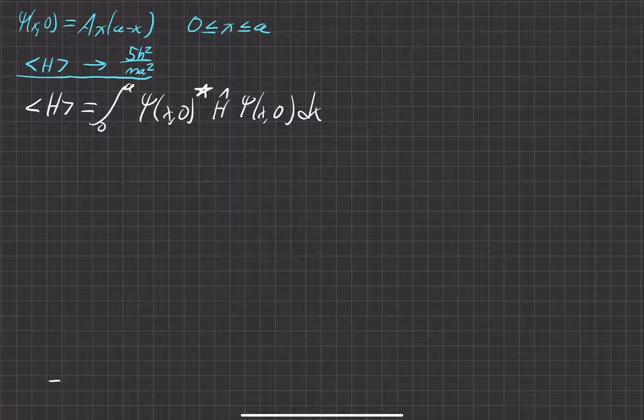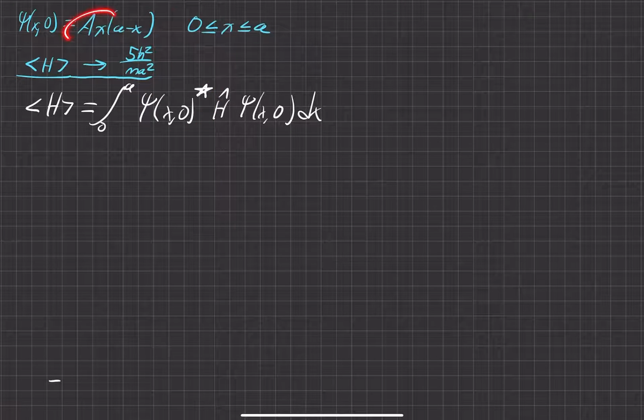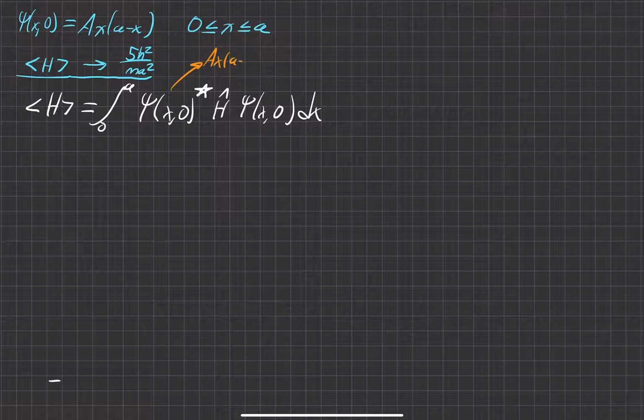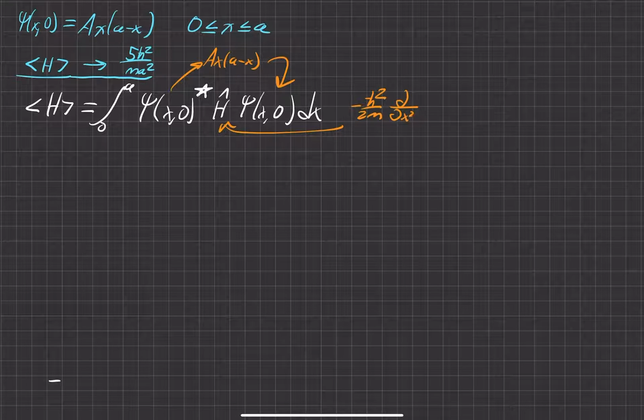The important thing to note is that the complex conjugate of the wave function changes nothing, because there are no complex values in here, so it's just equal to the wave function. But one thing we have to worry about for this problem is the operator form of the Hamiltonian, which is minus h bar squared over 2m times the curvature, the second derivative with respect to space.